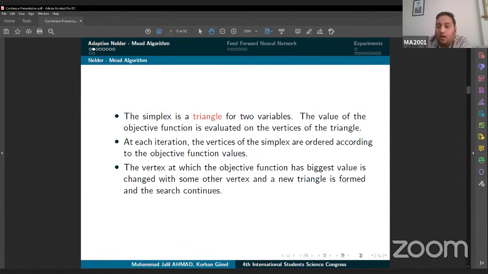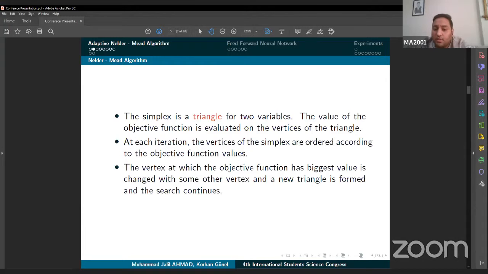If we consider a function in R2, then our simplex is actually a triangle with 2 variables and of course 3 vertices. On each iteration, we will evaluate the value of our function, and we will arrange the vertices accordingly.